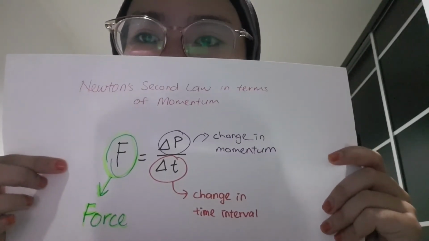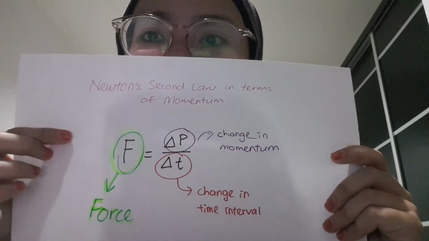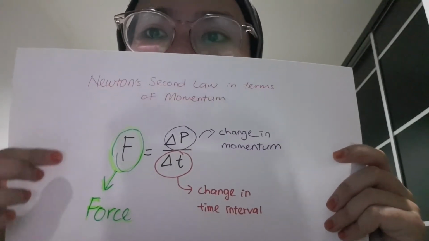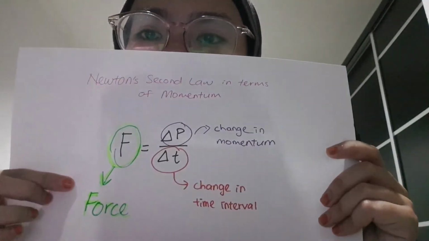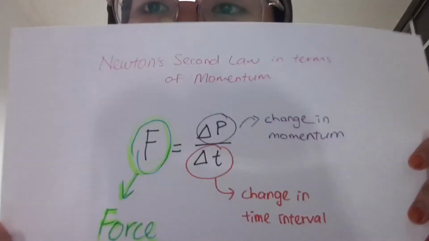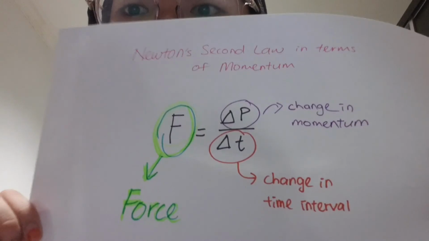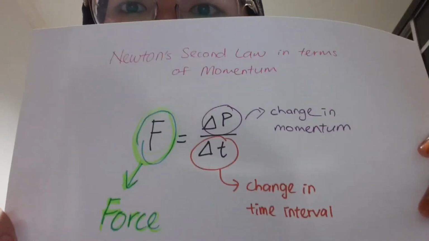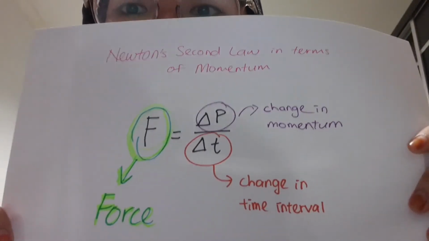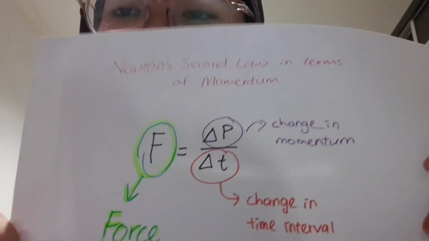Force is actually equal to the change in momentum over the change in time interval. In the next video, I will be explaining how this equation, force equals change in momentum over change in time interval, is formed.